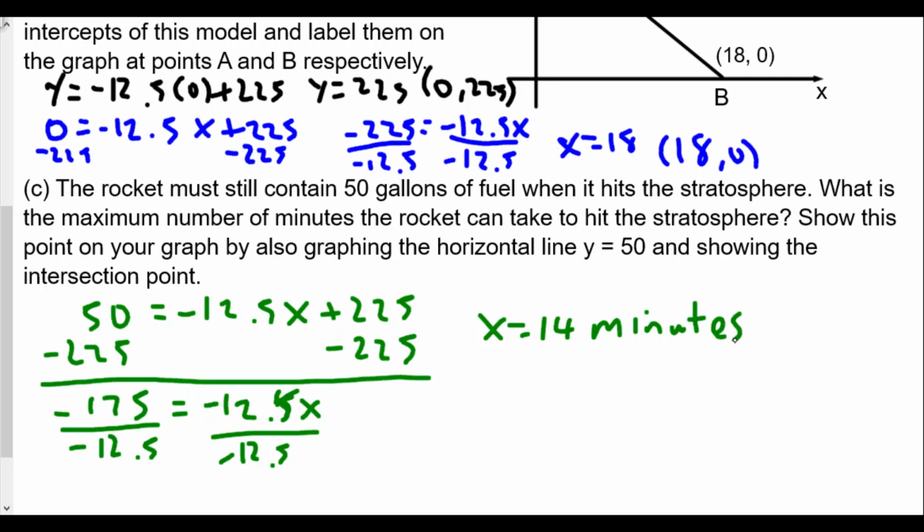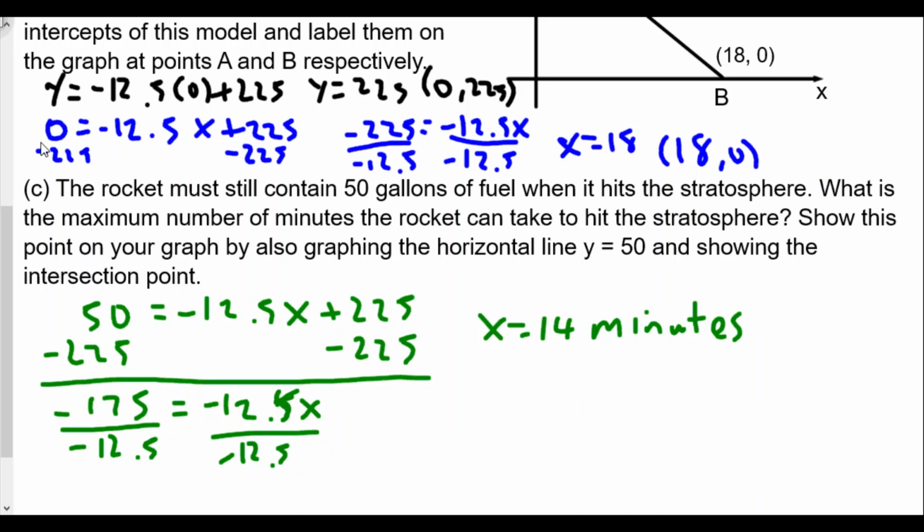And so, what is the maximum number of minutes the rocket can take to hit the stratosphere? Well, we know in this case that at 14 minutes, there are 50 gallons of fuel left in the rocket.